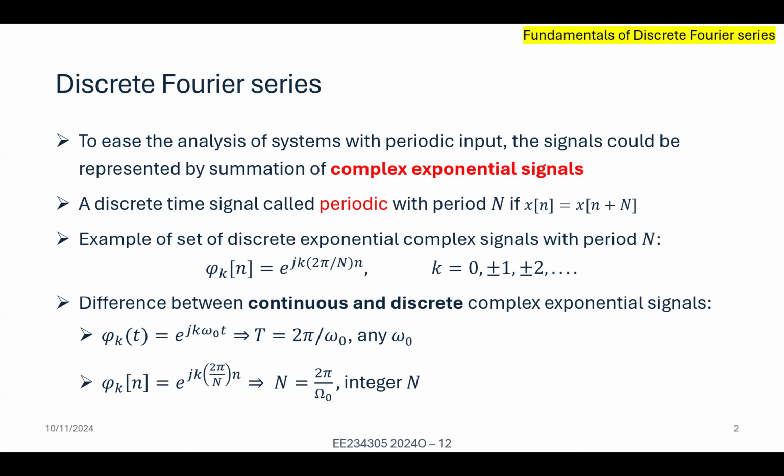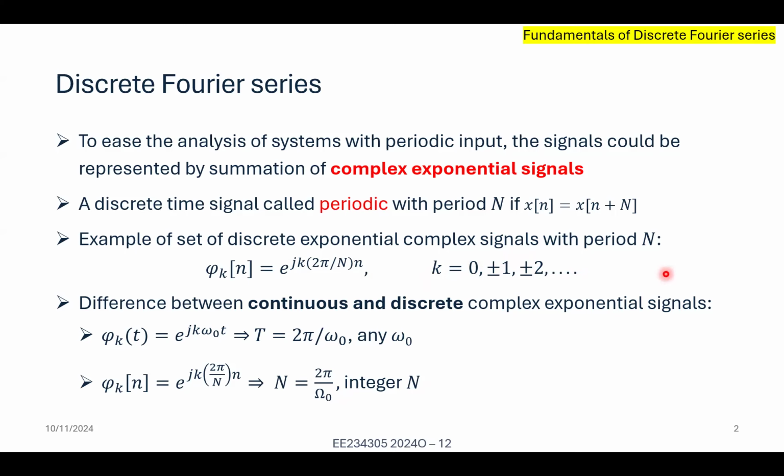One example of a set of discrete complex exponential signals with period capital N is psi_k[n], which is the complex exponential e to the power of jk times 2 pi over N times n, where small n is the time or the running shift, and k is 0, 1, 2, and so on.